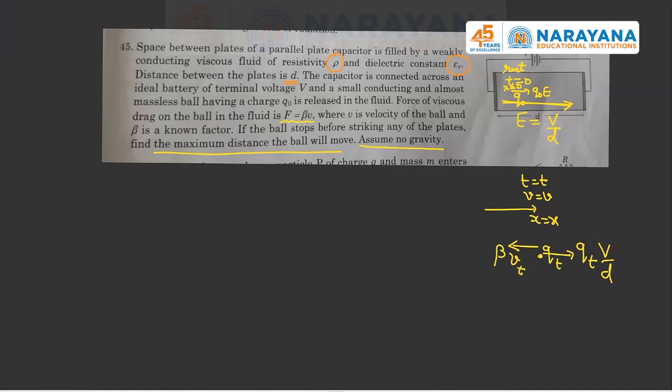Remember, this small v and capital V are different. So the net force acting is q(t) times voltage upon d, minus the drag, which is beta v, and that should be equal to mass m into dv of the particle upon dt. That should be my first equation.